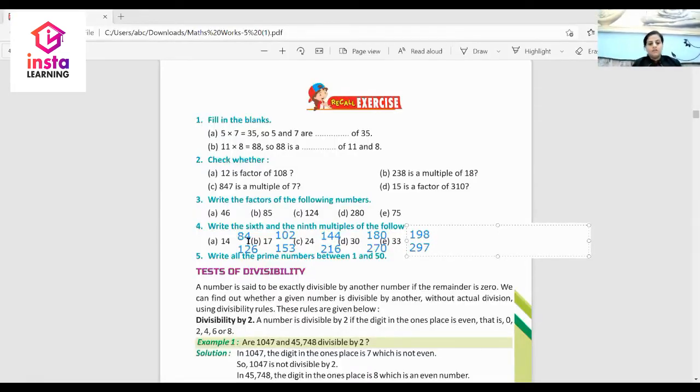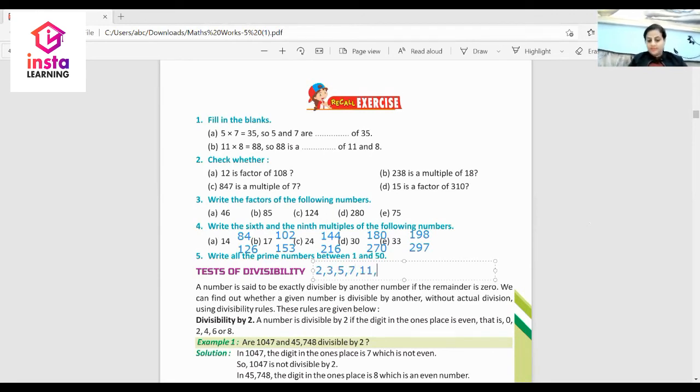Now we are going to write all the prime numbers between 1 and 50. Prime numbers are numbers that come in their own table only, the number itself, and have 1 as a factor. So 2, 3, 5, 7, 11, 13, 17, 19, 23.